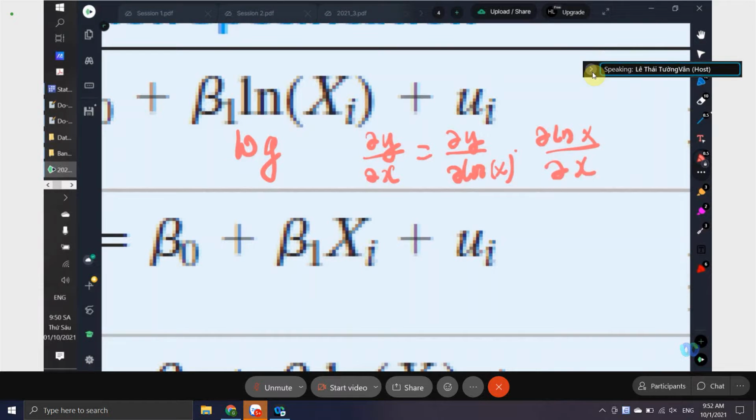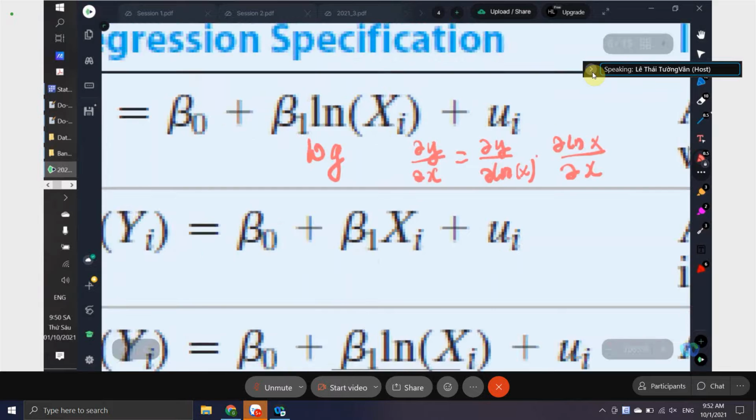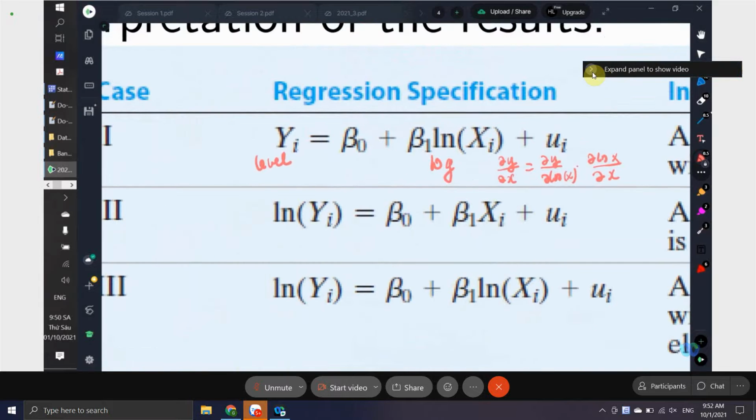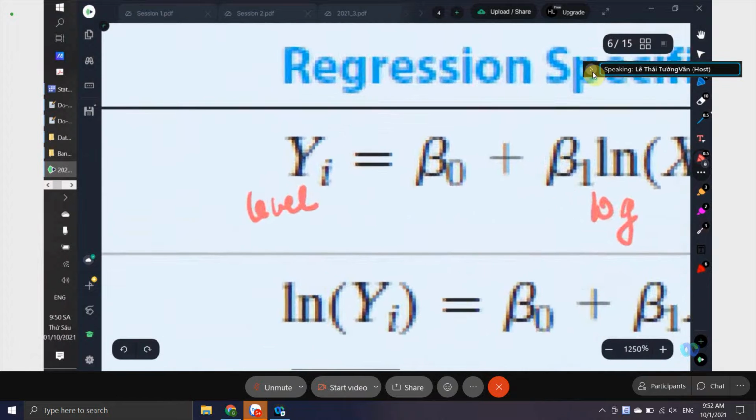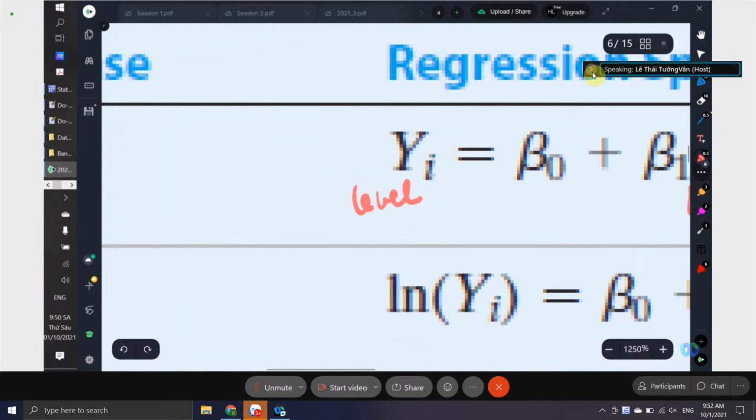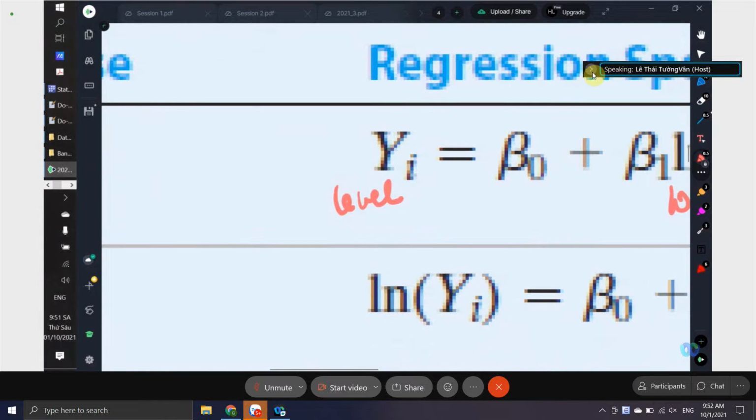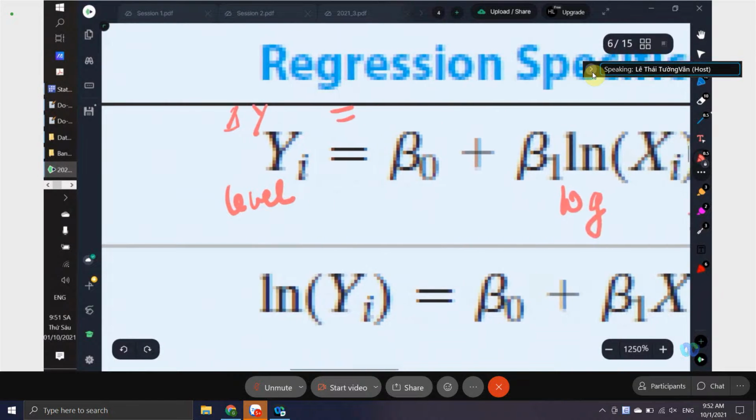This is something you need to remember when you take the derivative of a compound function. So in order to understand how much a change in X will lead to a change in Y, you take the total differentiation of both sides. A change in Y can only come from a change in X; the constant cannot change, so it doesn't change.